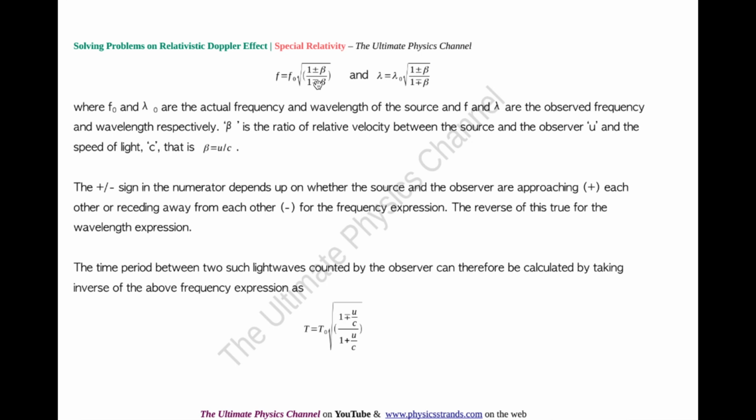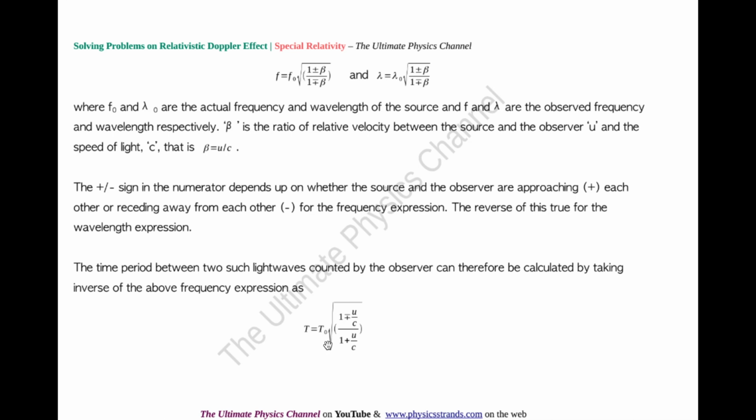So I will put out the expression separately here. I've just combined all of these 4 different cases here and given us 2 simple expressions. Now corresponding time periods between the light signals can also be calculated using this formula.